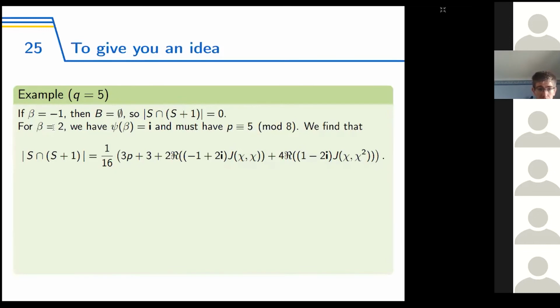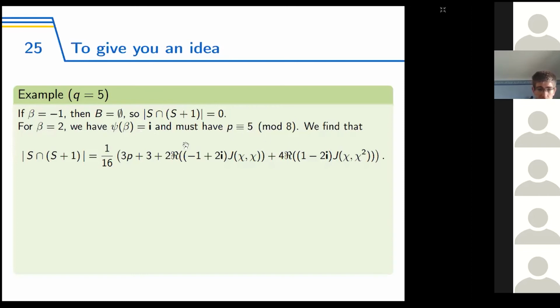So if you take beta equal to 2, then this psi that I defined as a map onto the complex roots of unity maps beta onto the complex unit i. And you see that you must have that p equals 5 mod 8.